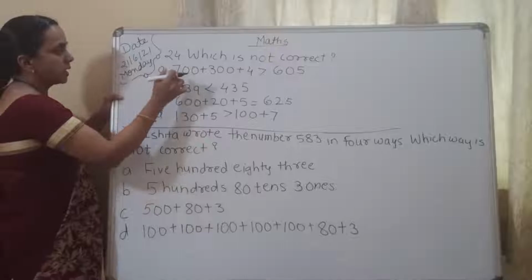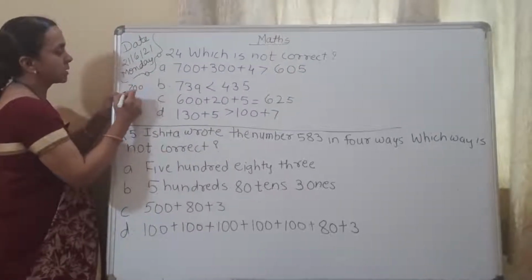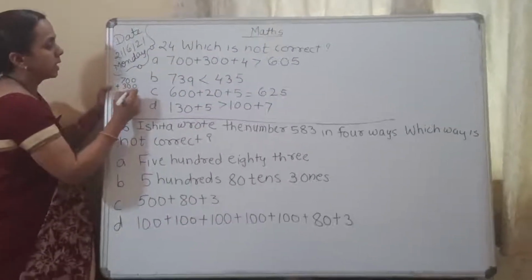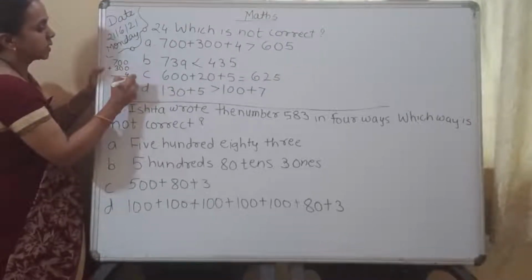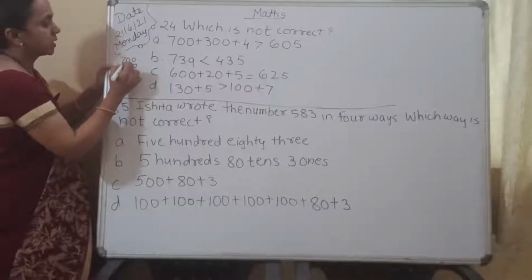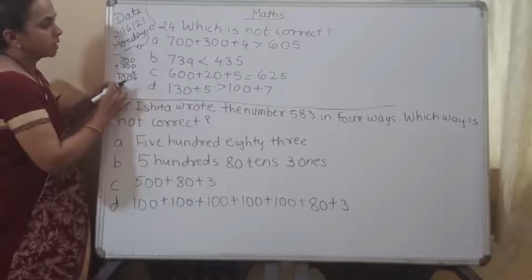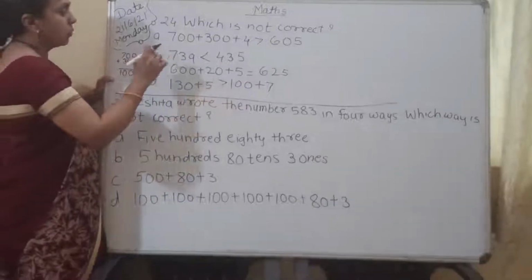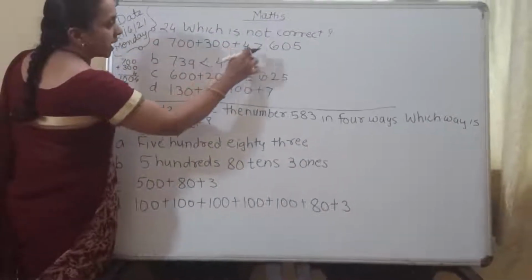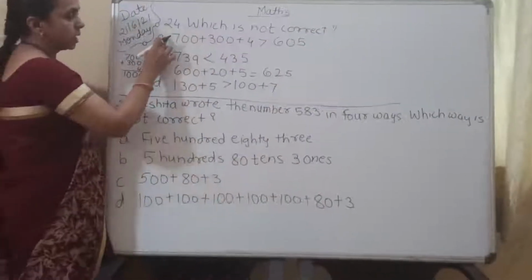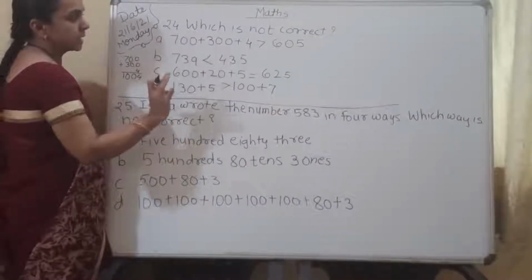Now see 700 plus 300 plus 4. 4 plus 0, 4; 0 plus 0, 0; 7 plus 3, 10. 1004. So 1004 is greater than 605. So this A option is correct.